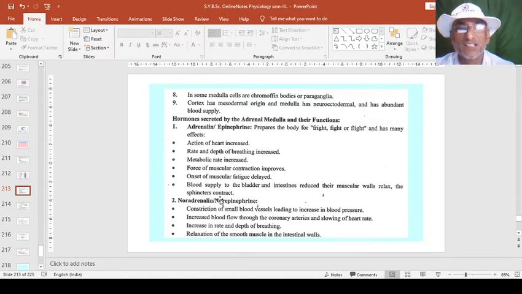So these are the effects which are due to the secretion of the hormone adrenaline or epinephrine in the vertebrate or human body, we can say.